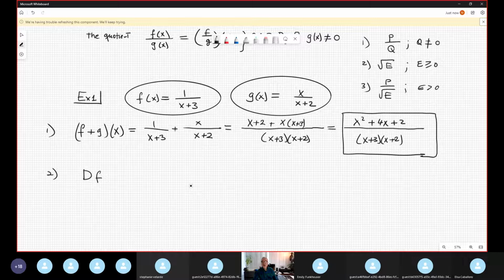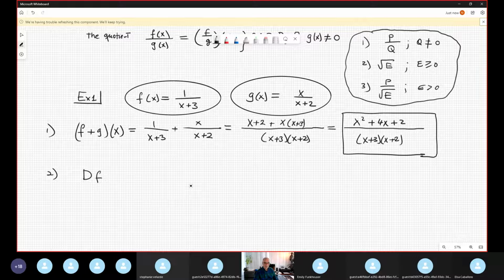Guys, try to memorize, or not memorize, copy it on one important piece of paper, because we use it every day, no? So now, for example, to determine the domain of f, you take the expression in the bottom, this, and you copy x plus 3 not equal to 0. And therefore, x is not negative 3.